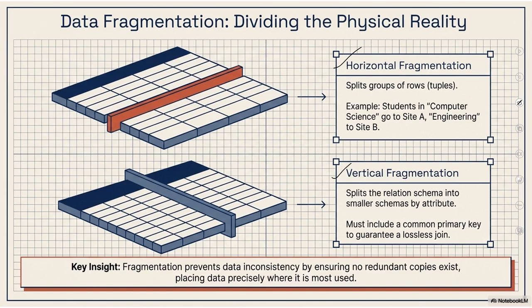Horizontal fragmentation splits the group of rows, which are called tuples. The group of rows is split.